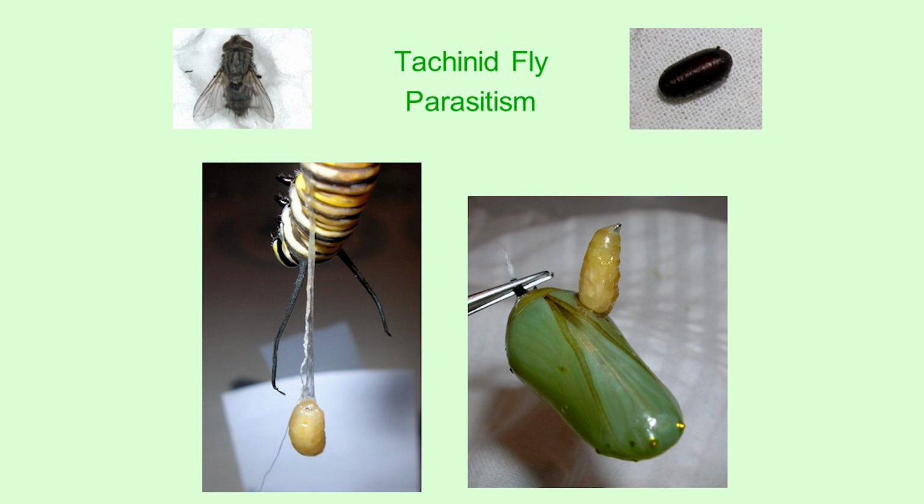And as the caterpillar goes about eating, the larvae of the fly eat the insides of the poor caterpillar. And eventually they kill the caterpillar, or it can kill the monarch at the caterpillar stage, at the J stage, or at the chrysalis stage.